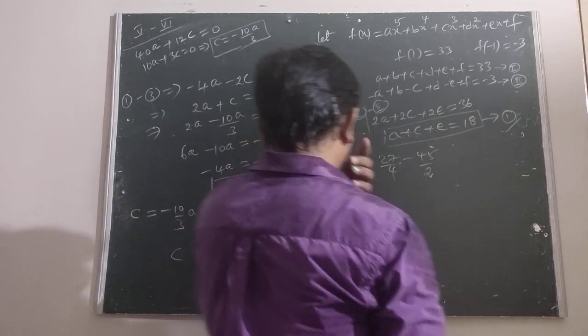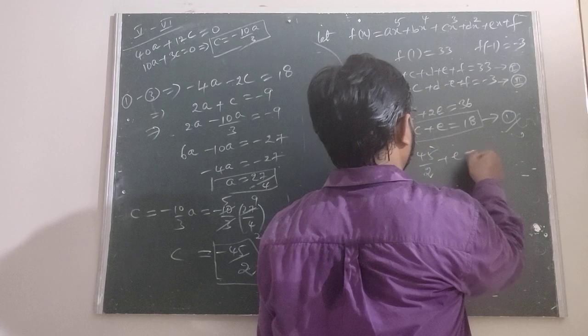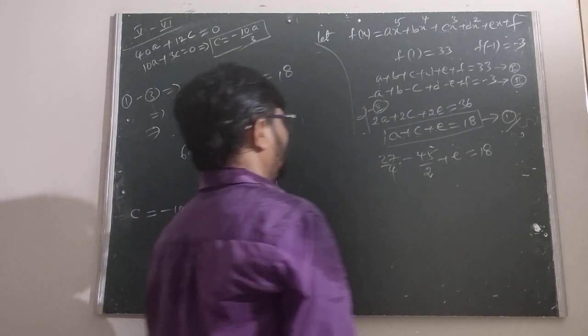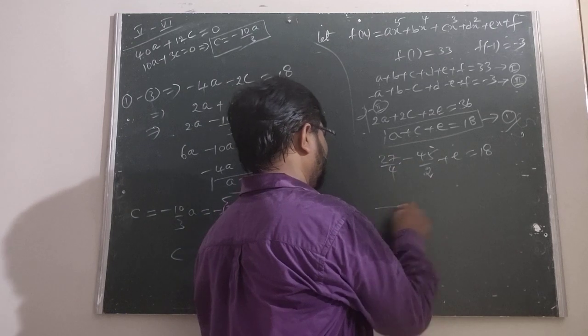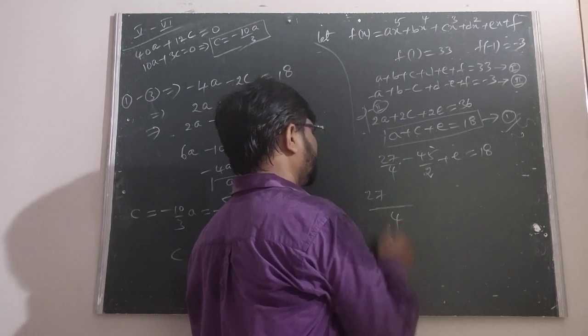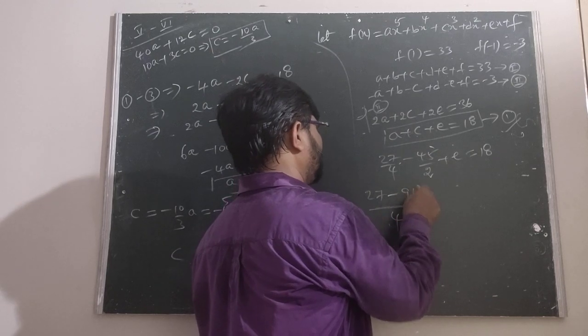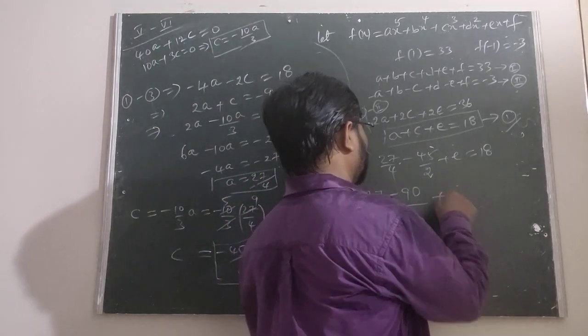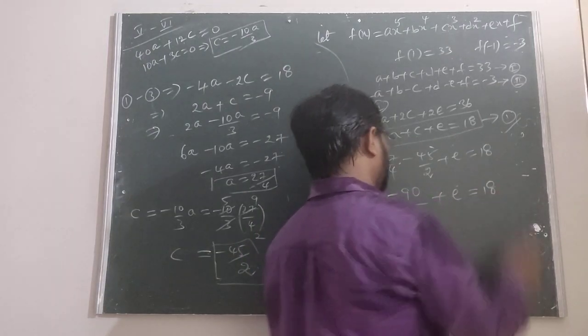Now we are getting E equal to 18. Here the LCM is 4. 27 minus 90, since 45 into 2 is 90.